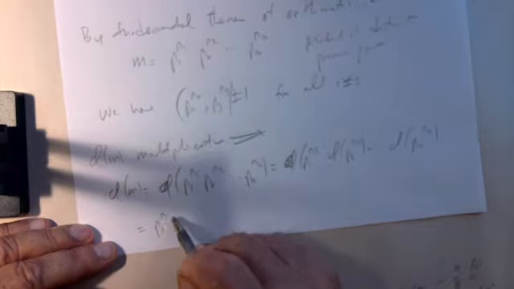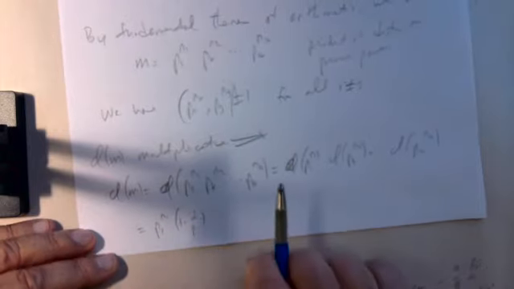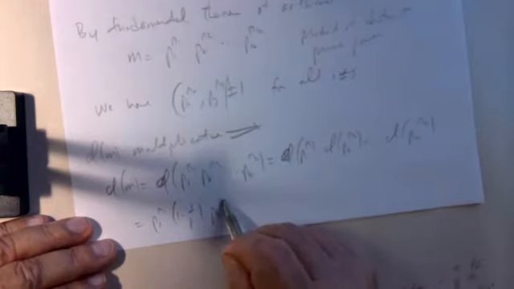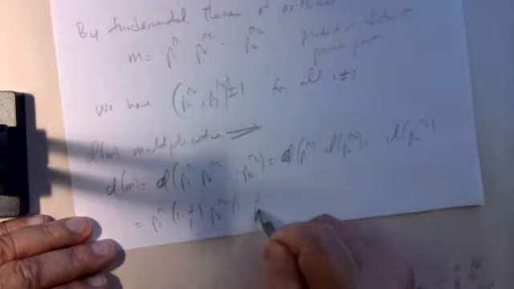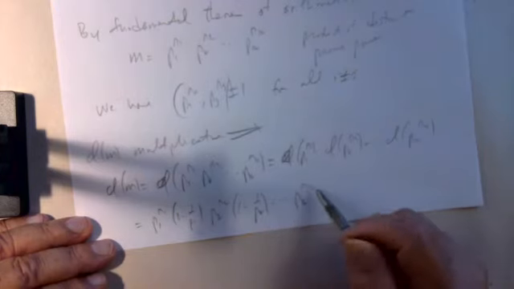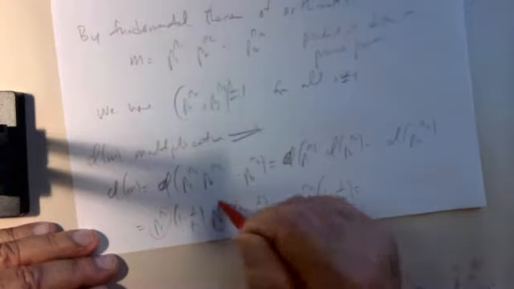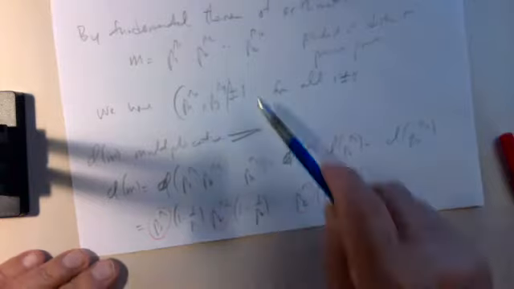Phi of p1 to the r1 is p1 to the r1 times 1 minus 1 over p1. And phi of p2 to the r2 is p2 to the r2 times 1 minus 1 over p2. All the way up to phi of pk to the rk, which is pk to the rk times 1 minus 1 over pk. And if I rearrange that, I have p1 to the r1, p2 to the r2 up to pk to the rk. When I multiply them out, that's just m.